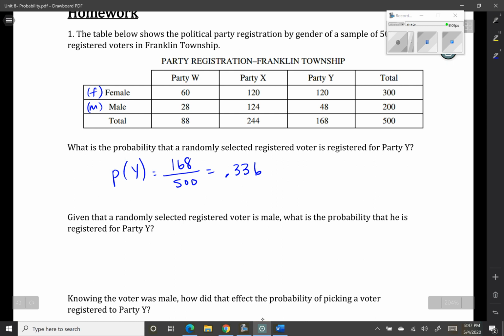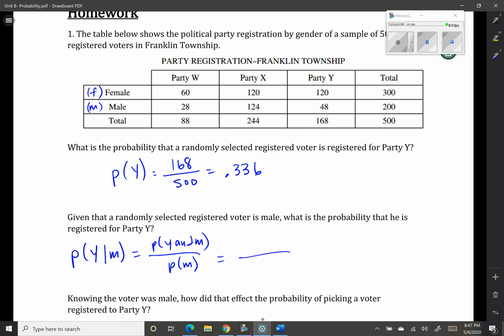It then says, given that the voter is male, what is the probability that they are registered for party Y? So the probability of voting registered Y, given that you're male, that's going to be the probability of Y and male divided by just the probability of male. I know you can do this conditional probability just using the table, and if you did it that way, good for you.